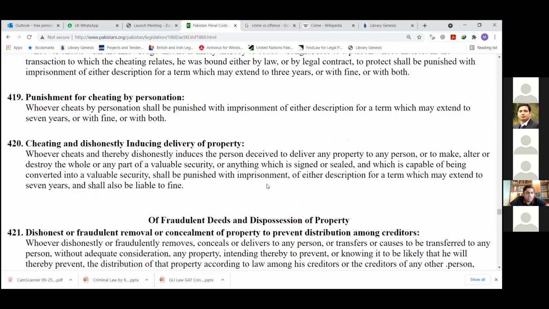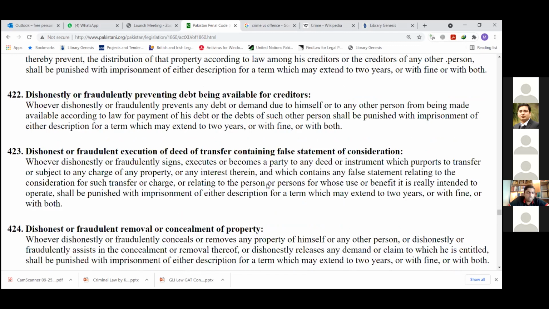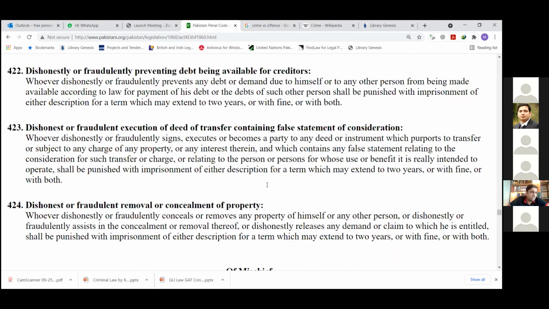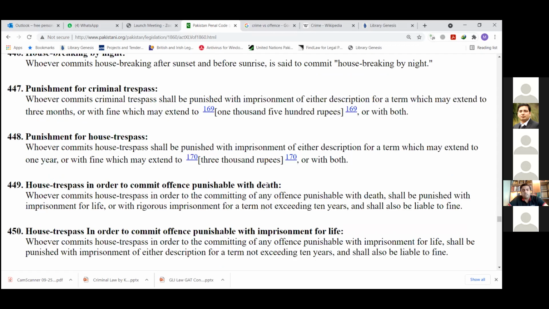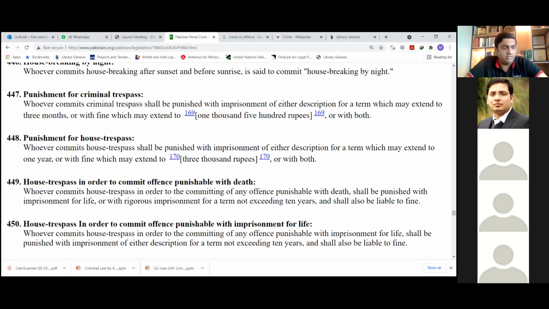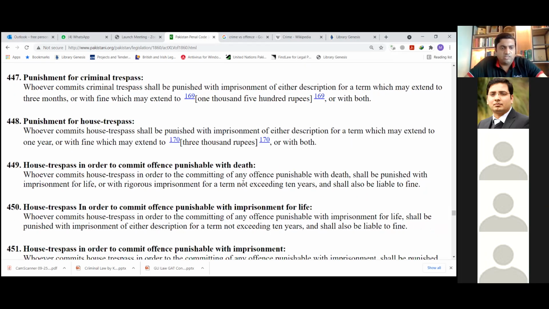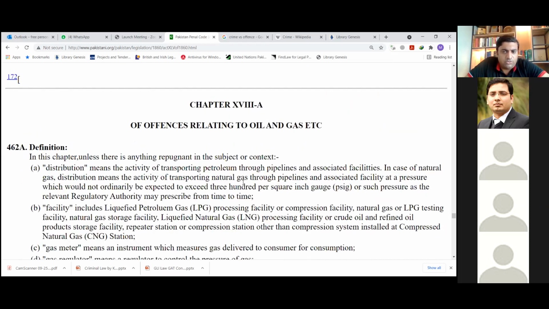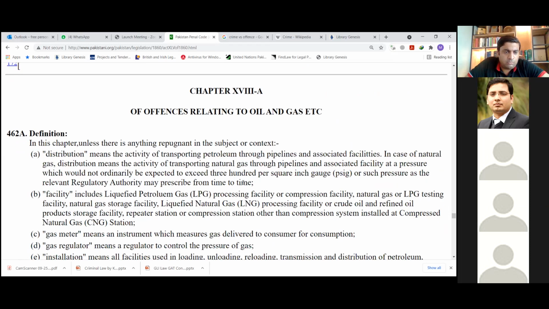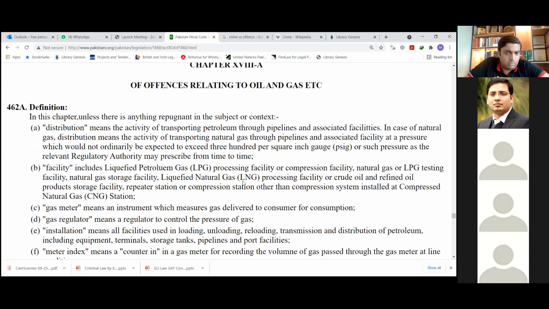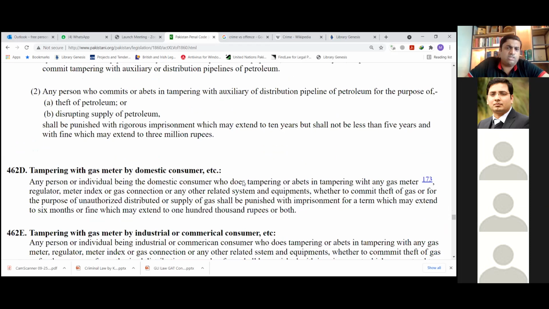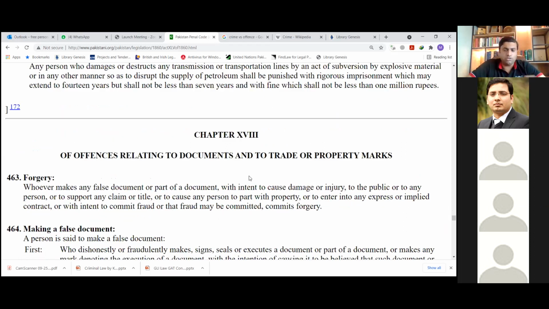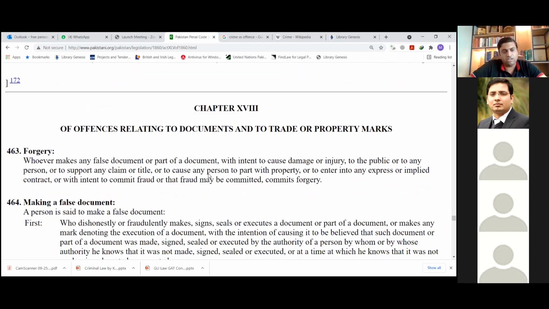And then read with section 420 is section 468 and section 471. Section 468 is forgery. I am just referring to 468 and 471 because often these are appended by the police in the FIRs.